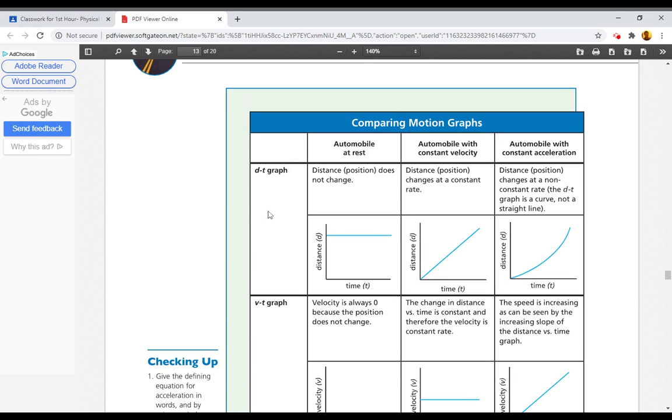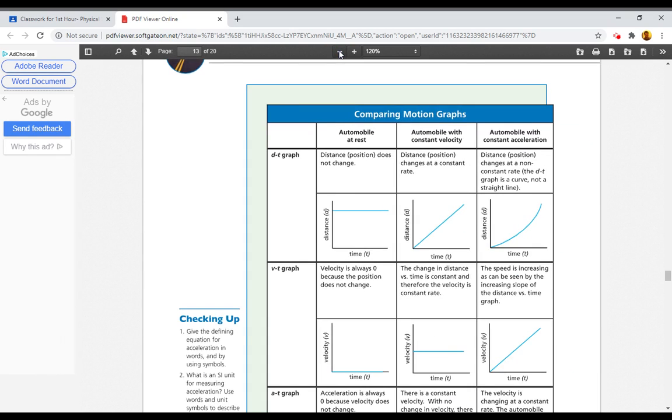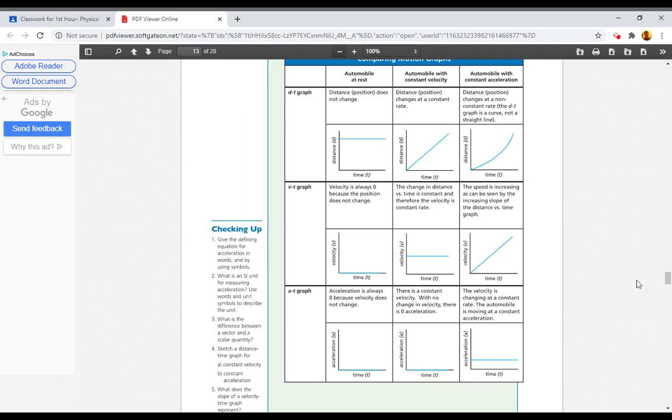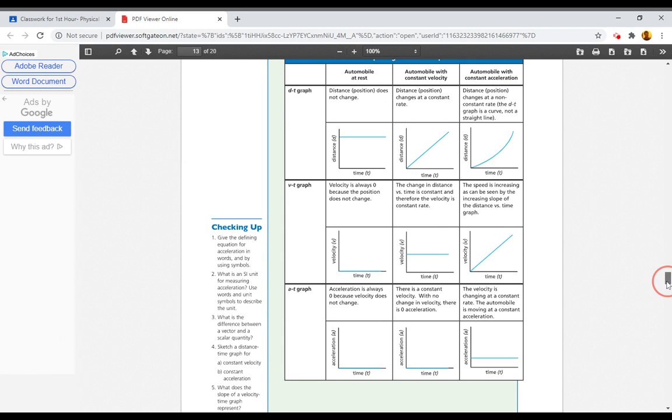Let's dig into this a little bit. Let me see if I can zoom out. So I just zoomed out so we can see these. So this is an automobile at rest. The distance does not change for an automobile at rest.